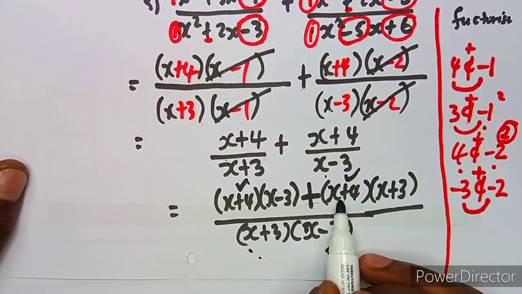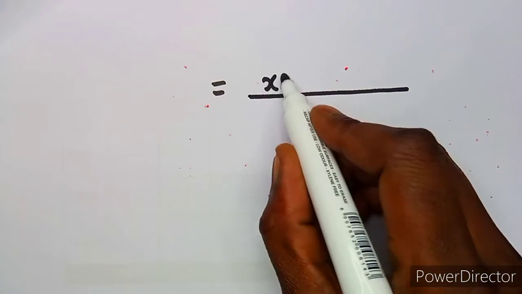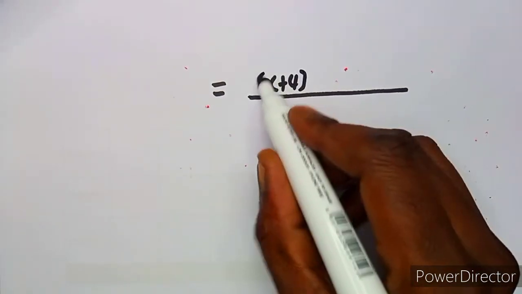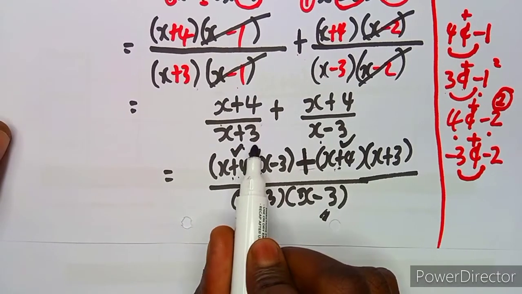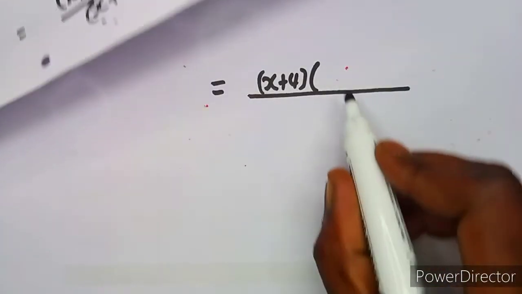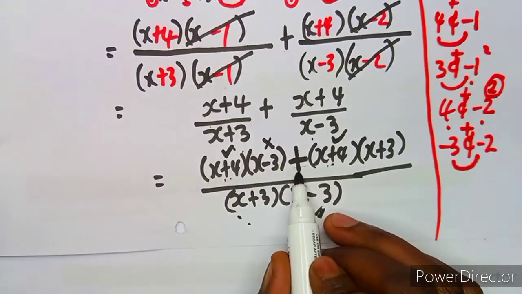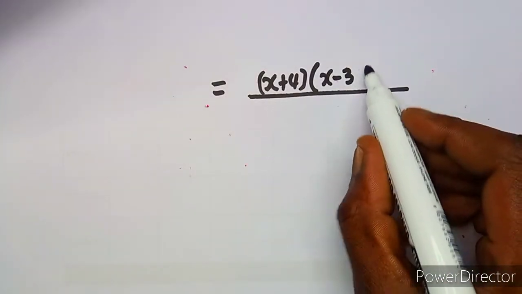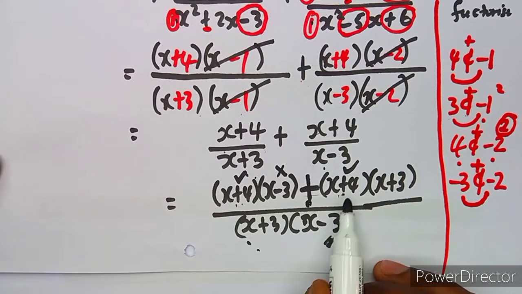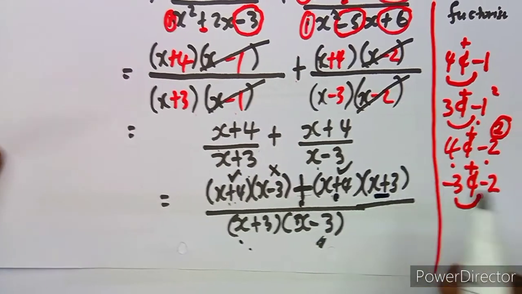So if I factor out this bracket of x plus 4, I'm going to be left with something like this. Take note, I have taken out this bracket, so I'm going to remain with x minus 3, plus, because there's a sign in between, plus, here I've taken out this bracket, I'm going to be left with x plus 3.